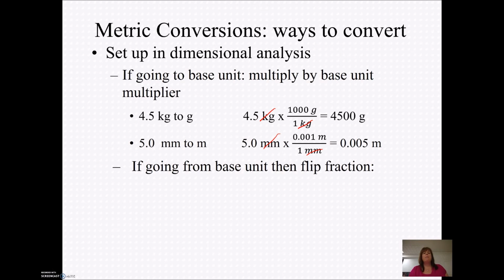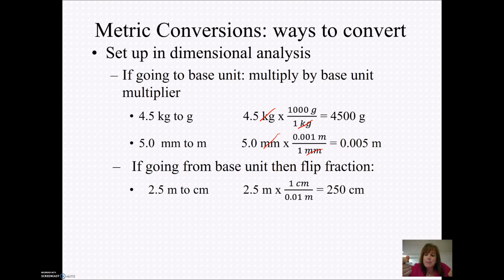Now, if we go from base units, if we're starting in the base unit and we're going to a prefix, then we have to flip that fraction. So for example, if I start with 2.5 meters and I want to go to centimeters, what I need to do when I go to that number line, I see it's 0.01 meters per centimeter.